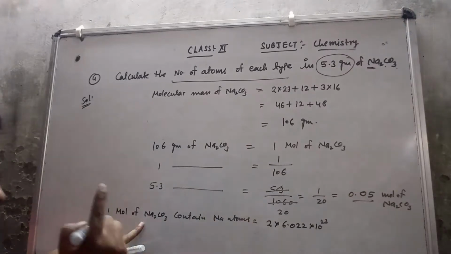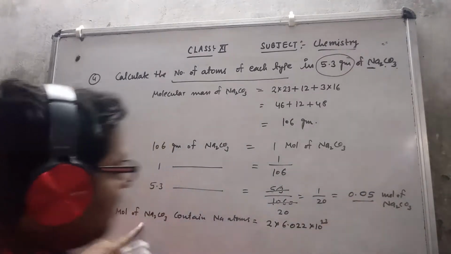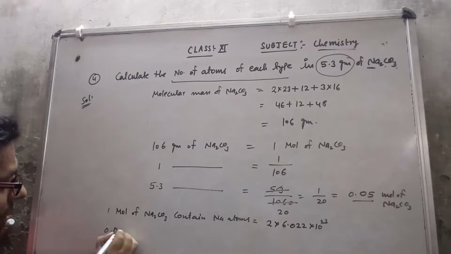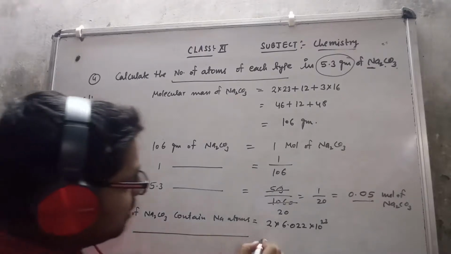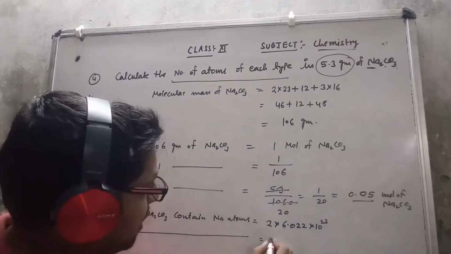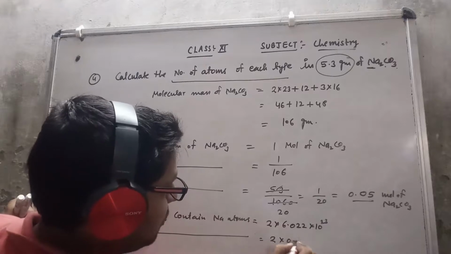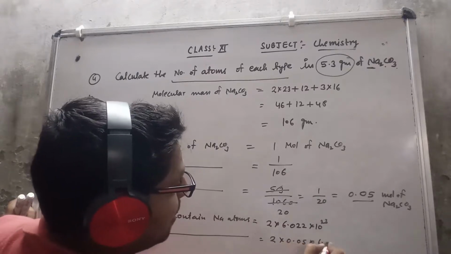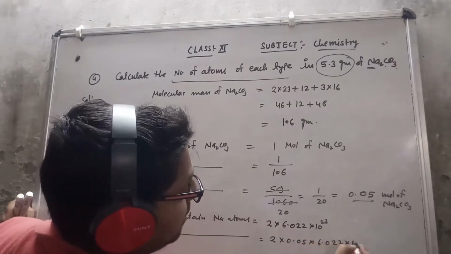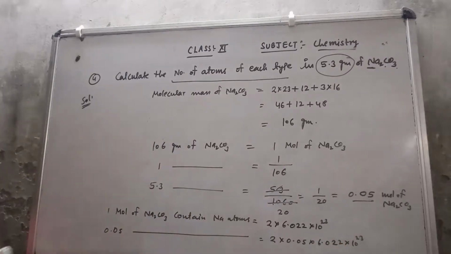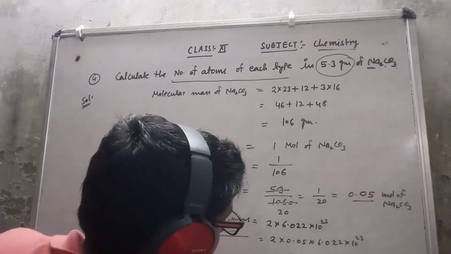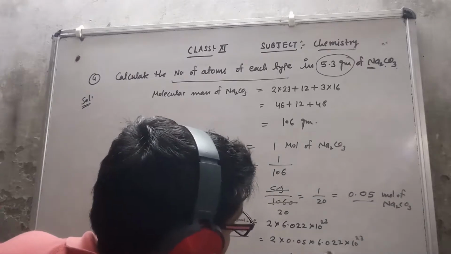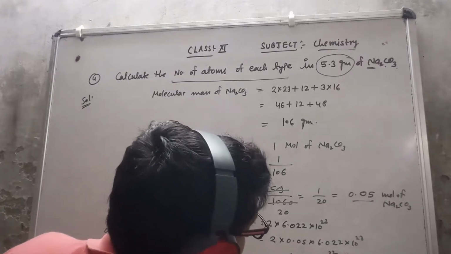Now how many moles do we have? 0.05. So 0.05 mole contains 2 multiply 0.05 multiply 6.022 into 10 raised to the power 23. If you solve it, you get 6.022 into 10 raised to the power 22 atoms.